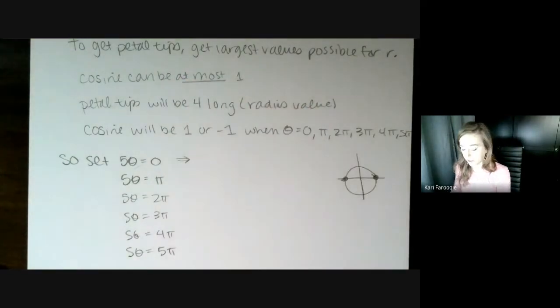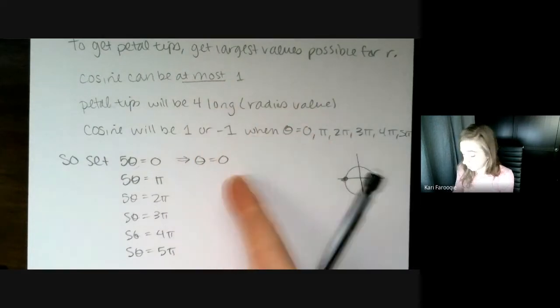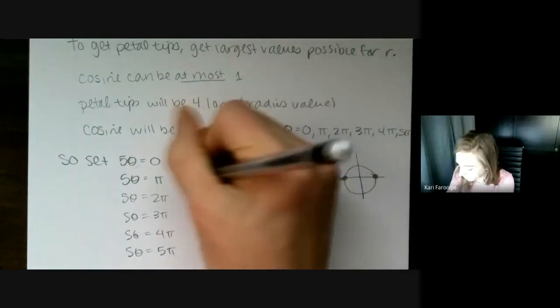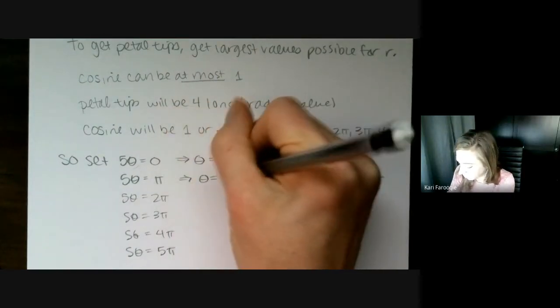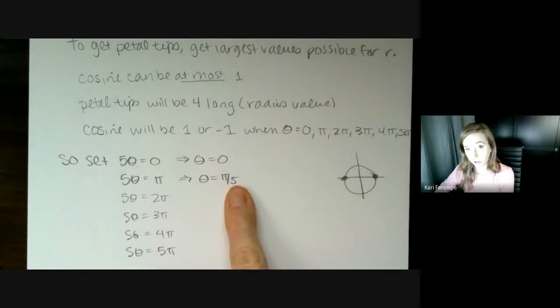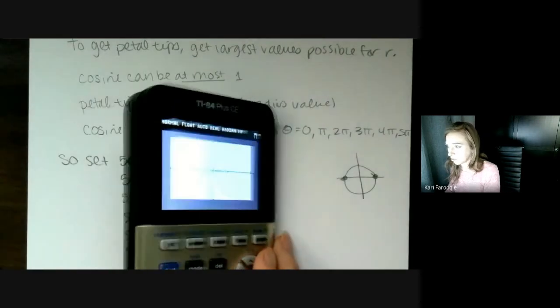Now, if that's the case, then I know that theta can be 0. We saw this on the graph. When theta was equal to 0, we had a value of r that was 4. But I also have theta equals pi over 5. When theta is pi over 5, we are going to get a petal tip. Now, it should be in the negative direction, but we should be able to see that on our graph.